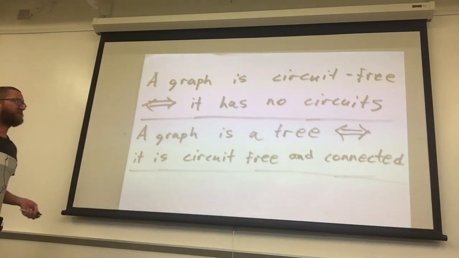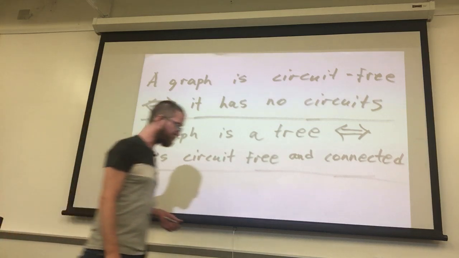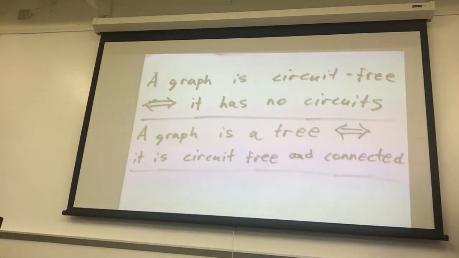So it has to be connected, and to be circuit free means it contains no circuits, meaning there are no closed walks. There's a little bit more that goes into that, but we'll leave it at that.